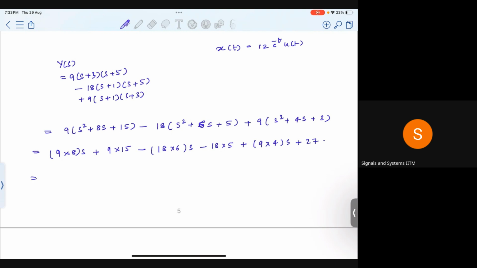You could just take the 9 common out, and even this is cancelling out, right? And over here, what is left is 9 times 15 minus 8 times 5 plus 27. So this is 9 times 15 minus 10 plus 27, 45 plus 27, 72. Correct only, right?